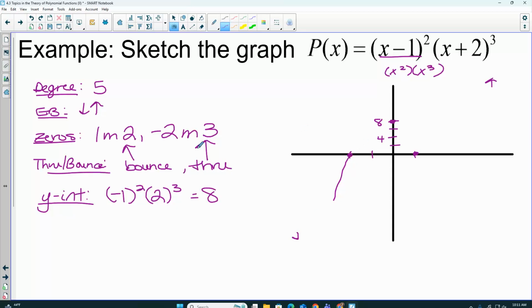At negative 2, it goes through, so it's just going to keep going, come back, hit your y-axis. What happens at 1? It bounces. That means I touch the axis and come back up. So it looks like this. Is that one okay?